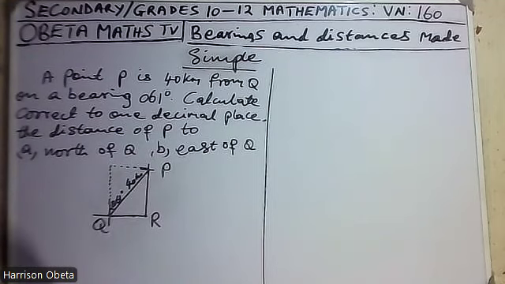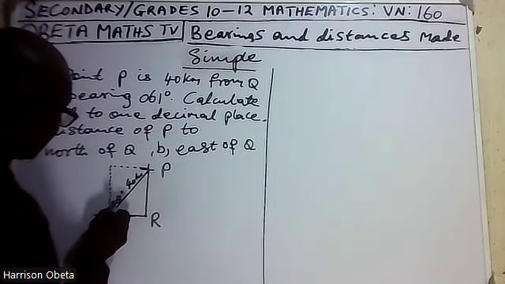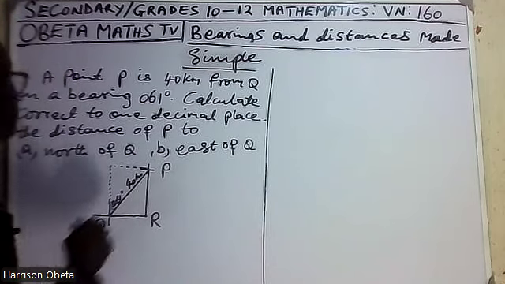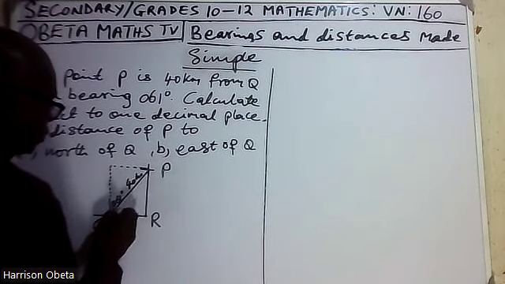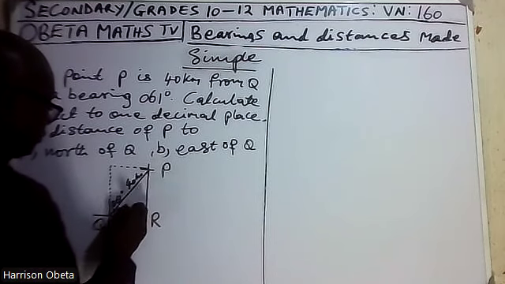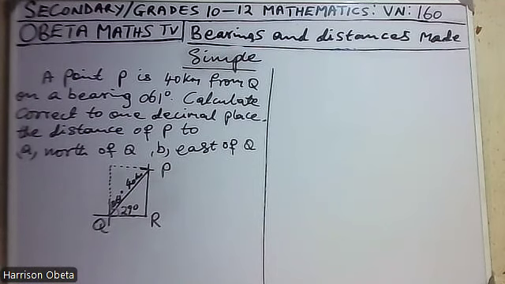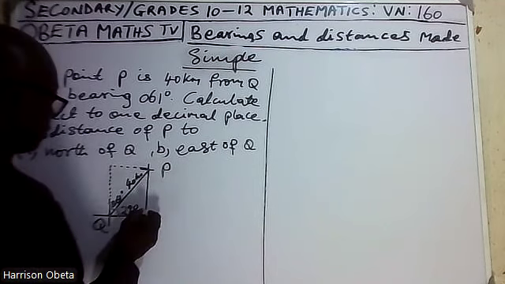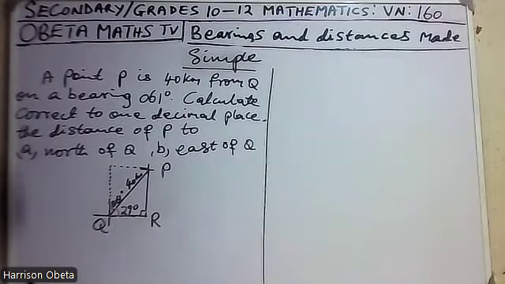Remember, since this is angle 90, subtract 61 from 90, you have 29 degrees. And by now looking at this, you discover that this is a right-angled triangle.